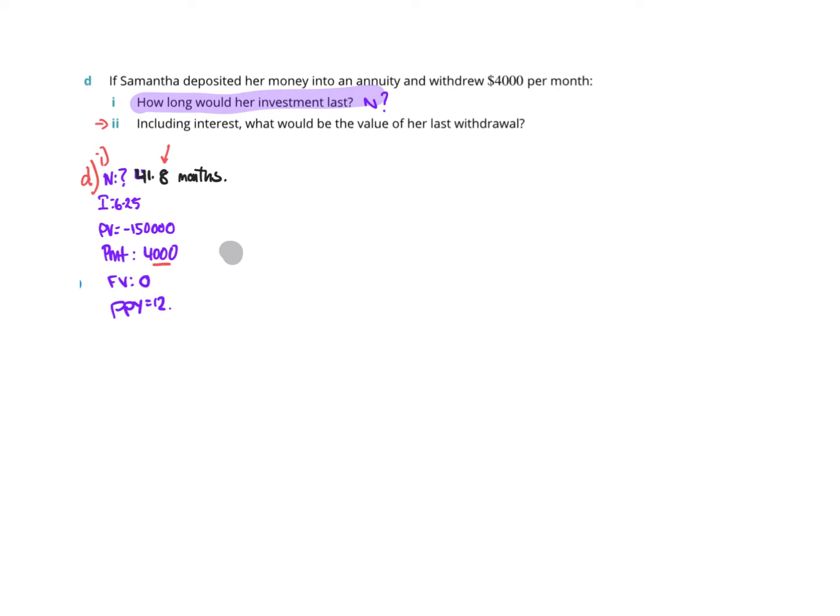So what we're going to do is find the final value, because it was 41 months, 0.8, we're going to find the final value at 42 months. So I'm going up to the next one, and because we would still get interest in that 42nd month, we want to make sure that's added on.